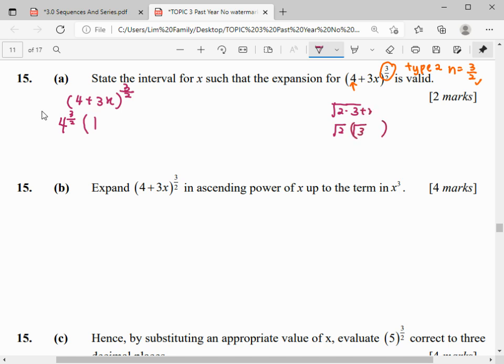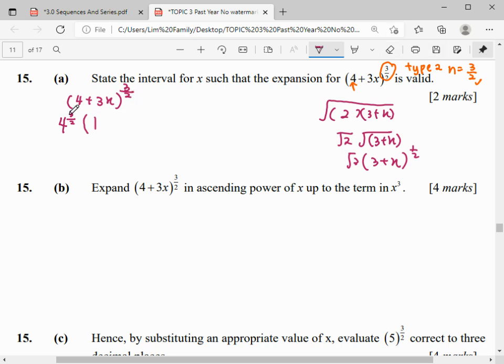The concept of factorizing is like root of 2 times (3 plus x). They are under the same root, so I can factorize root 2 out, and then root of (3 plus x), which gives (3 plus x) to the power of 1 over 2. So when I take it out of the root, this 4 also brings along the same power.